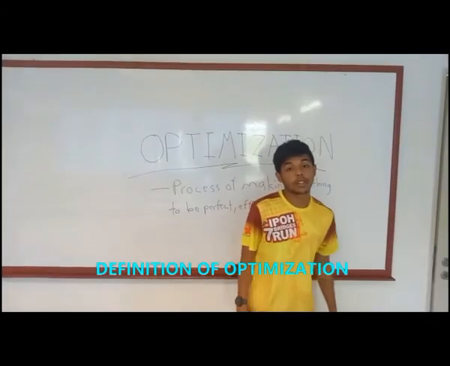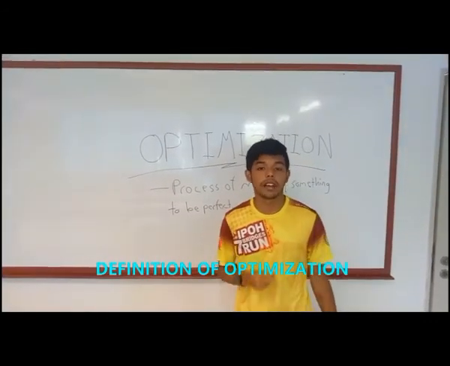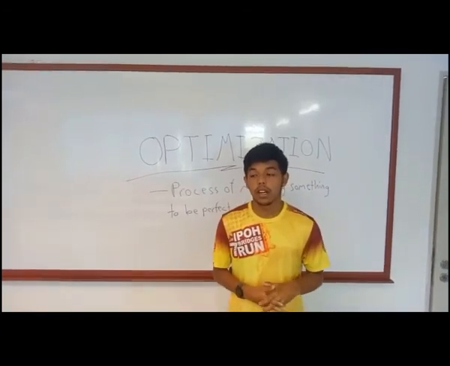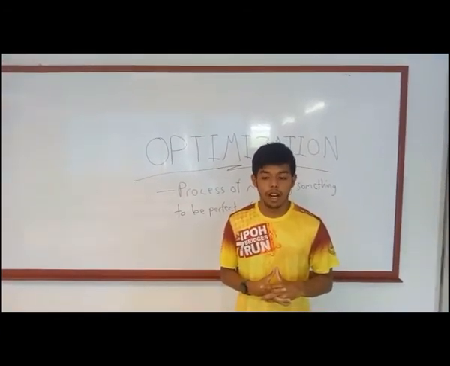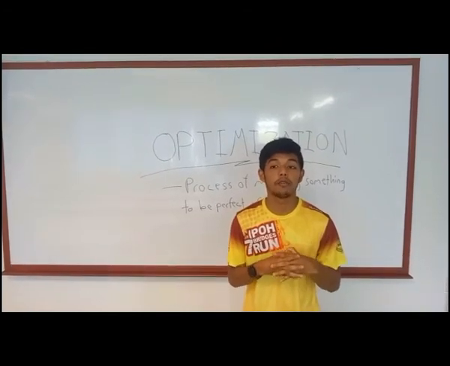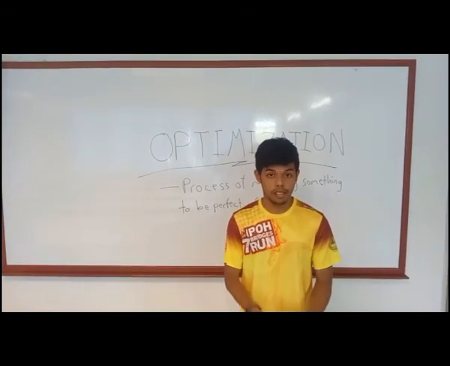So we proceed to optimization. Optimization is defined as the process of making something perfect or efficient. In other words, optimization is about how we can make full use of our body or system.